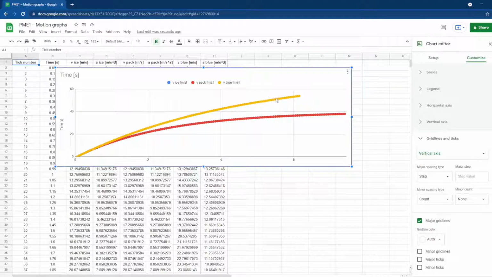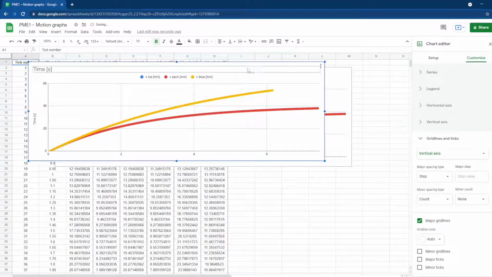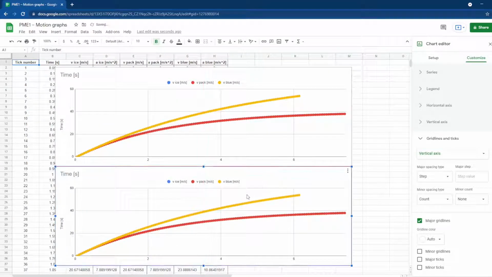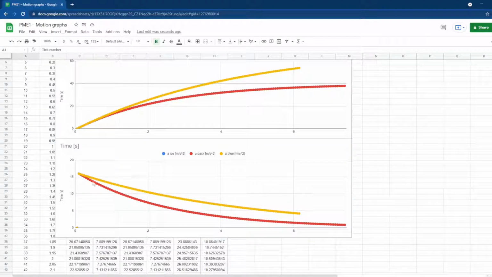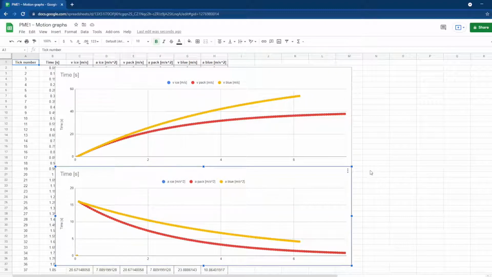The blue ice is, of course, much faster. Let's also check the acceleration. We can see that they all start at the same acceleration, 16 meters per second squared, but the blue ice lowers the acceleration slower.